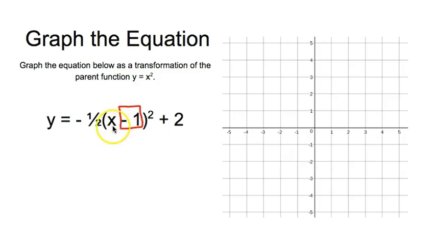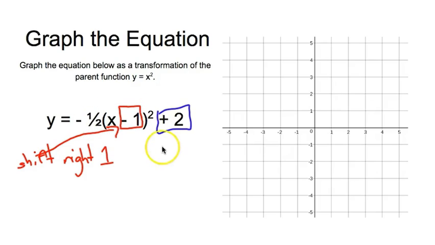I have a value right here of -1, which we represented with the letter h, and this is going to have the effect of shifting the vertex to the right, because it's negative, by 1 space. And then I have this +2, which is going to shift the vertex up by 2 places.